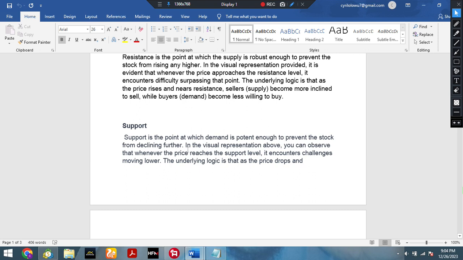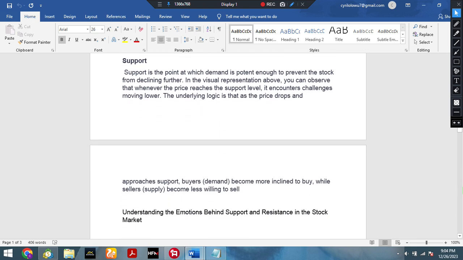In the virtual representation above, you can observe that whenever the price reaches the support level, it encounters challenges moving lower. The underlying logic is that as the price drops and approaches support, buyers or the demand zone become more inclined to buy, while sellers become less willing to sell.